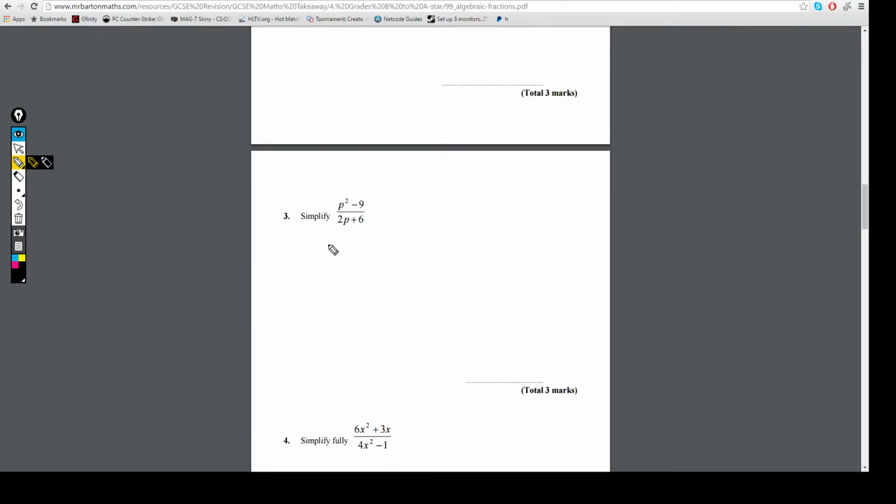It's going to be a 2 on top again, and I think one on the bottom. So it's going to be p times p here.